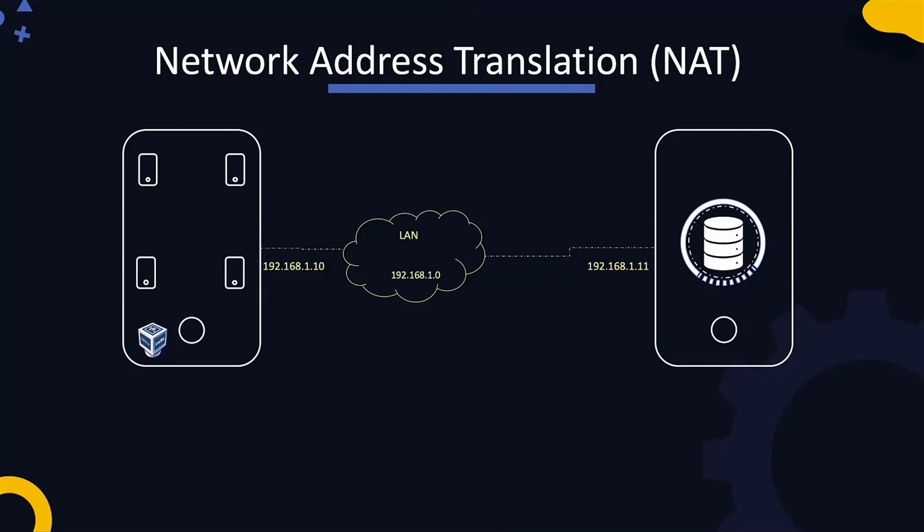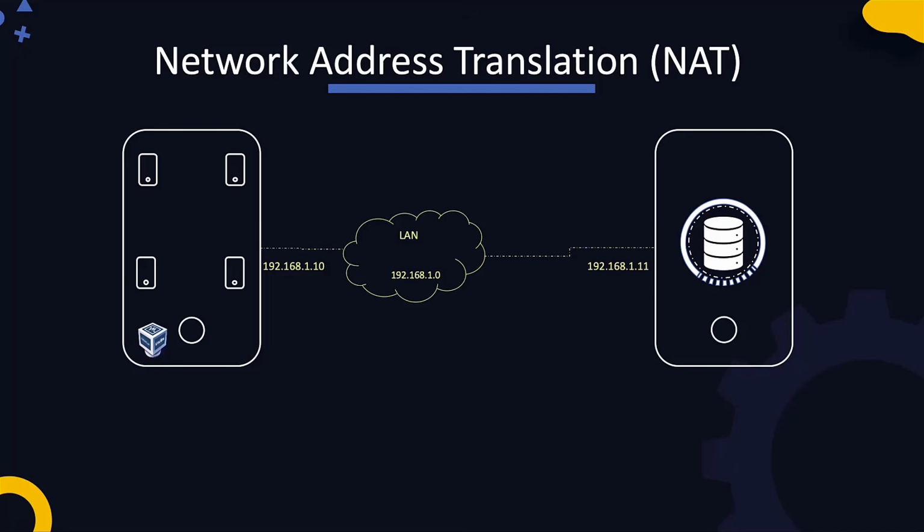Now let's look at another scenario where an external host requires access to the internal VMs. So we've been talking about internal VMs trying to access external services, but now let's see what happens if we want external services or external VMs to access internal VMs' services, or services running on these internal VMs.